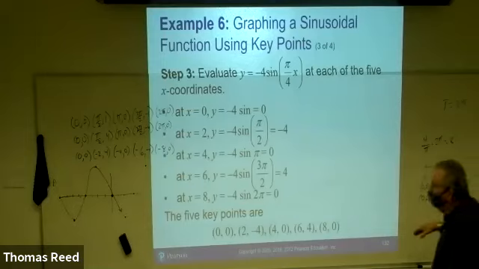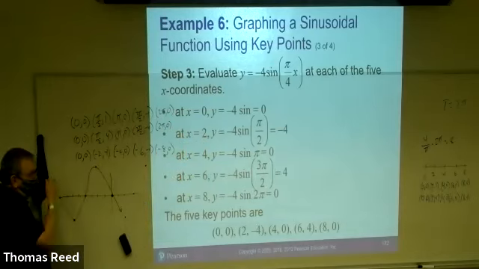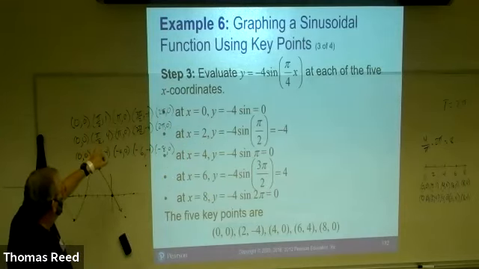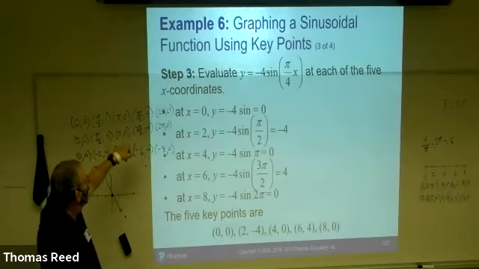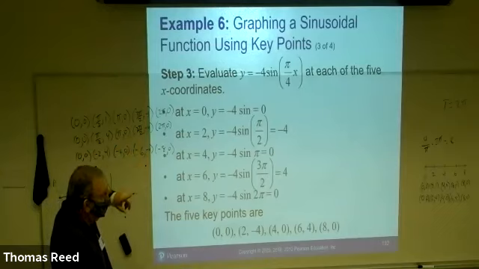So knowing these key points for sine, and knowing the key points for cosine, which are 0, 1, pi over 2, 0, pi, -1, 3/2 pi is 0, and 2 pi is 1.